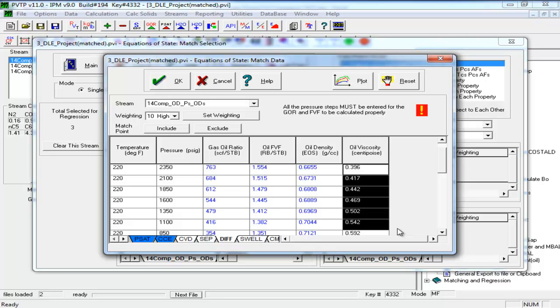You give a weight for this oil viscosity while you are matching it alone by itself. There is no other property that you need to match with. However, that will be useful only in one case, if you give different weights to those points, or if you exclude points.